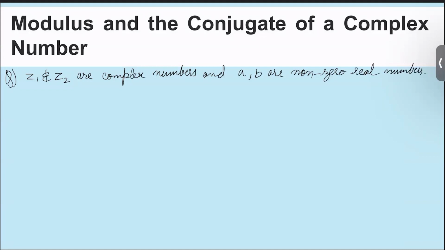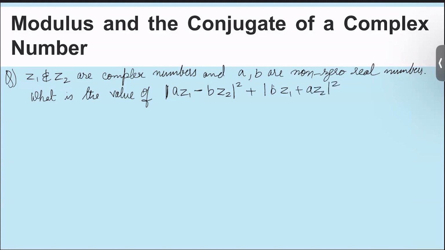What is the value of the modulus of (a z1 minus b z2) the whole square plus (b z1 plus a z2) the whole square? Okay, so we have to find the solution for this expression, keeping in mind that z1.